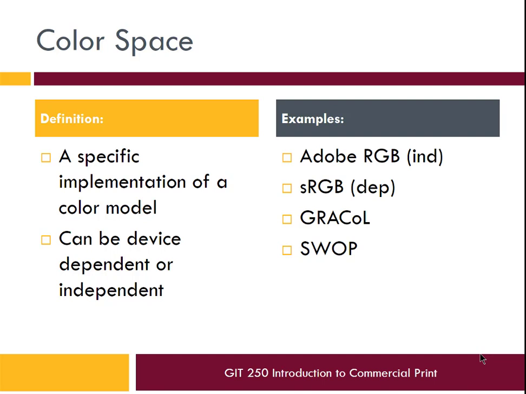Below that is SWAP, or Standard Web Offset Press, or printing. Can't remember the P actually. But there are different varieties of each of these, Grackle, SWAP, and so on. And each of these are just kind of generic spaces that say within CMYK, these are the colors that a certain device can hit. This is the gamut that this type or class of device is capable of printing.